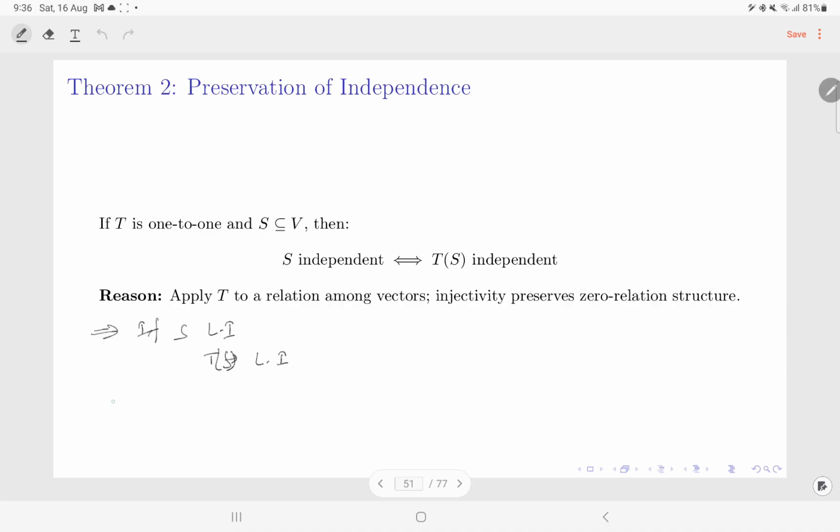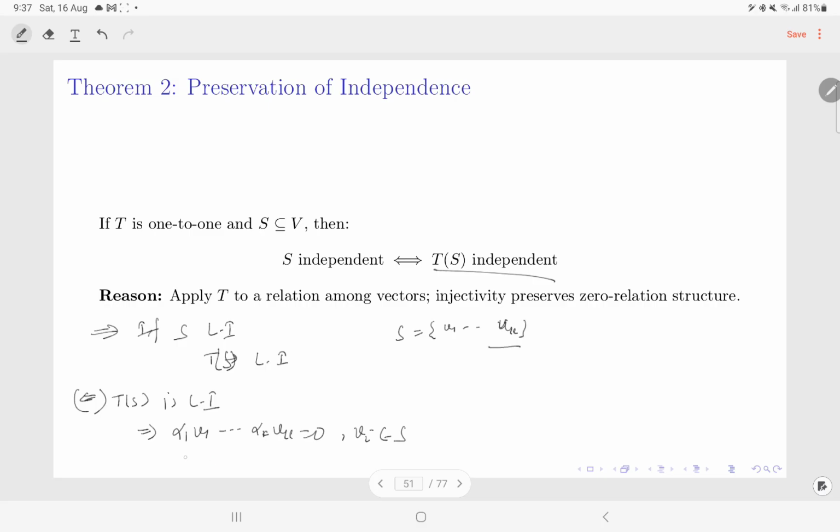And for the second part, let's say T(S) is linearly independent. That means alpha 1 v1 and so on, alpha k vk has to be 0, for all these vi elements of S. I have already considered that this is v1 to vk in the first part.